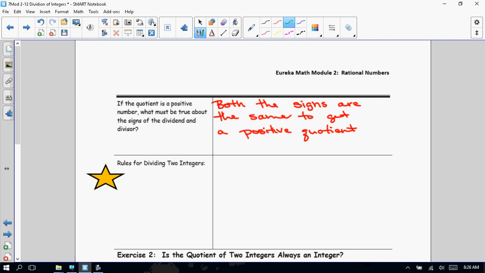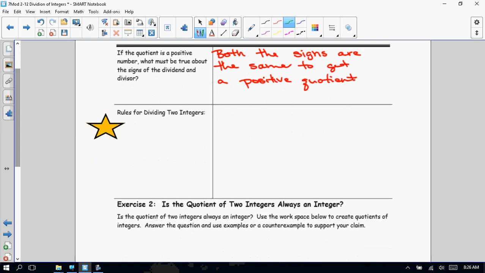So if both signs are the same, the quotient is positive. If both signs are the same, the quotient is positive.